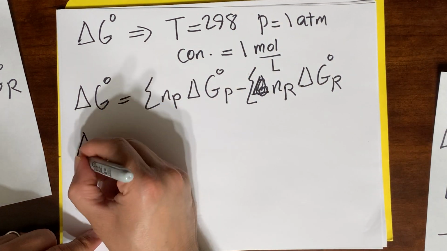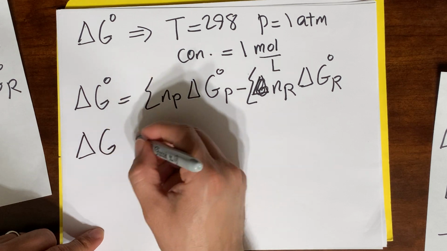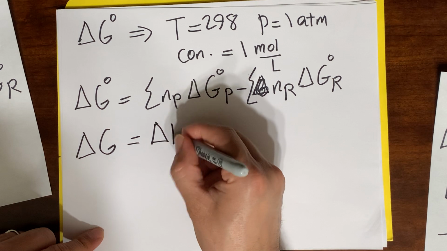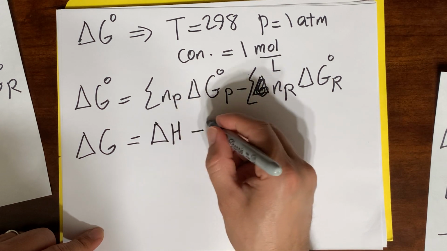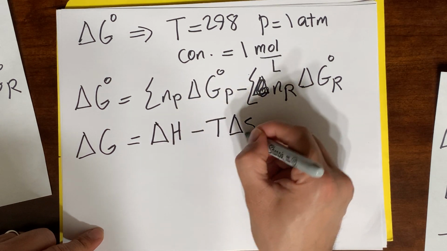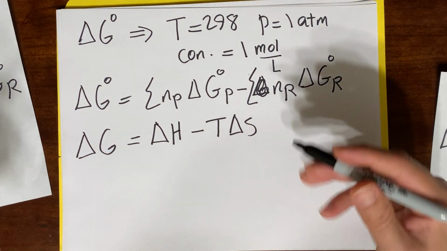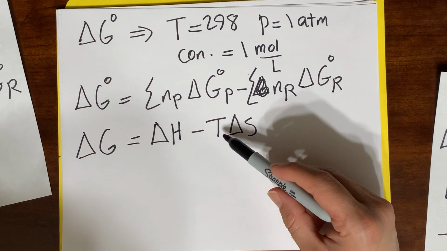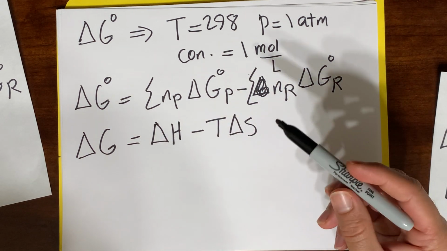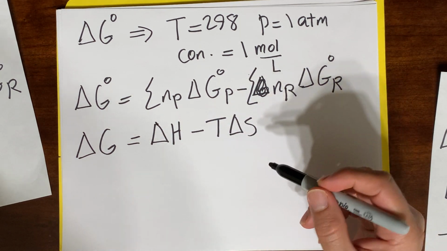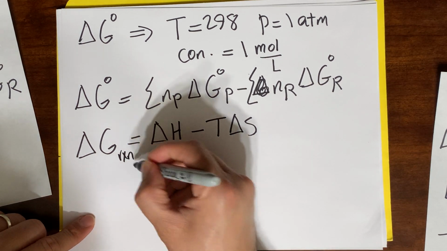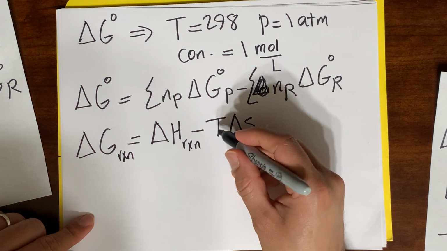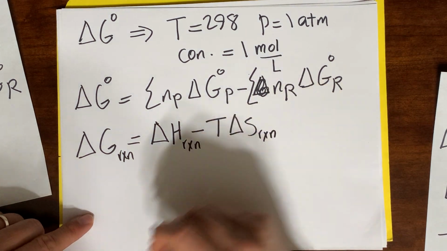But for the next one, I remove the standard condition and I say delta H minus T delta S. The good thing with this formula, you can use it for any temperature, any condition. That one is going to give you delta G of the reaction. So this is going to be delta H of the reaction, and that one will be T delta S of the reaction.